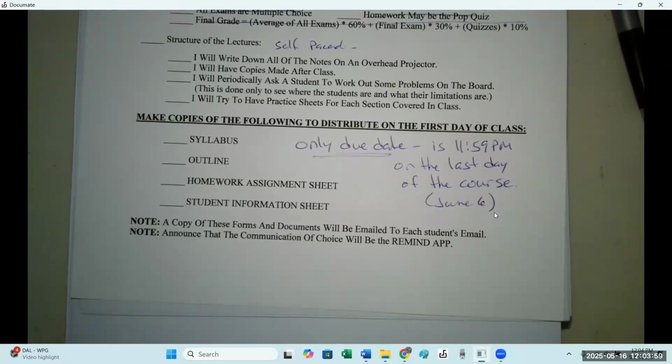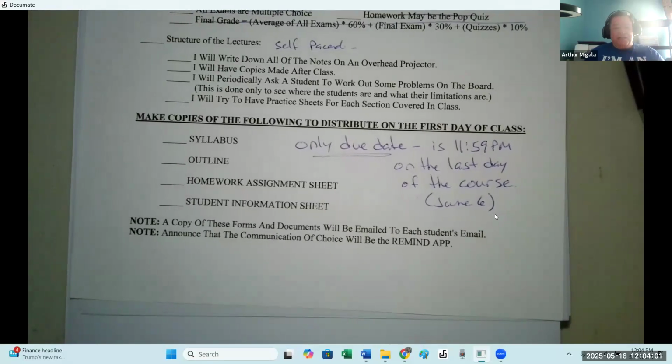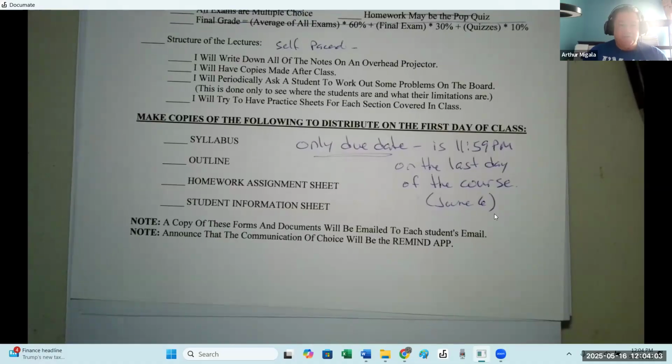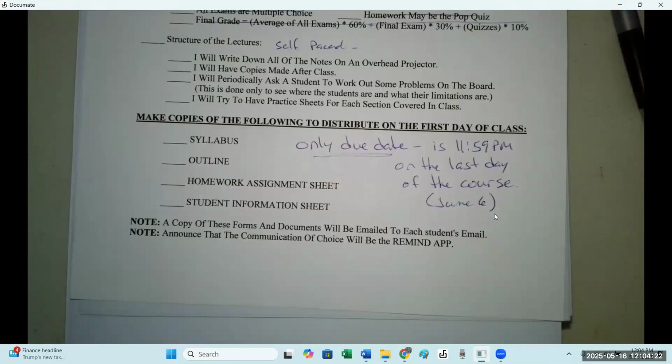Got it. I'm glad you asked that. It's very, very important. Even though it says final exam on the syllabus, don't believe what you read on the syllabus. This is what we're talking about here. I will have to go through and change it all, but it's just a boilerplate everyday syllabus. Sounds good. Thank you. You're welcome.